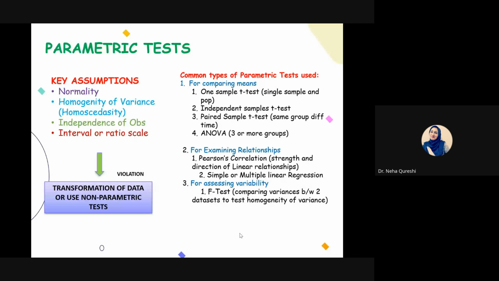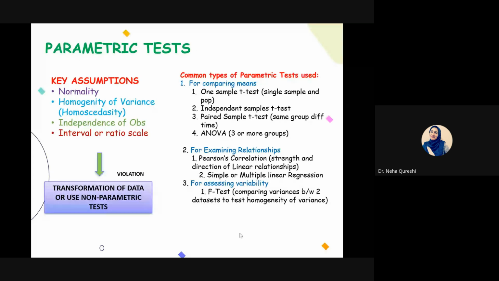Now, what are the most common types of parametric tests used? For comparing means, we have a one-sample t-test, an independent sample t-test, a paired sample t-test, and ANOVA. If you want to examine the relationship between variables, we have Pearson's correlation, wherein we check the degree of linear association between the variables.